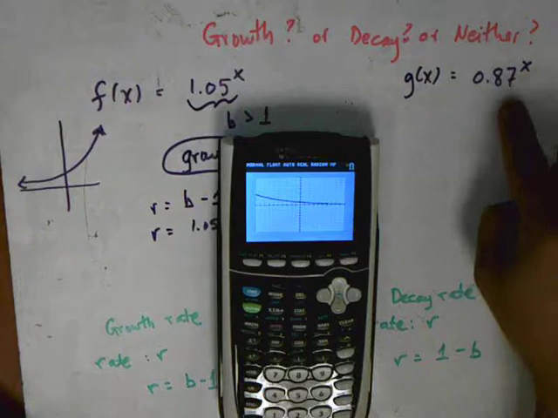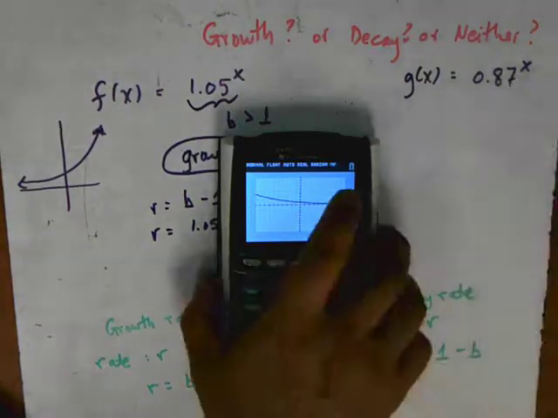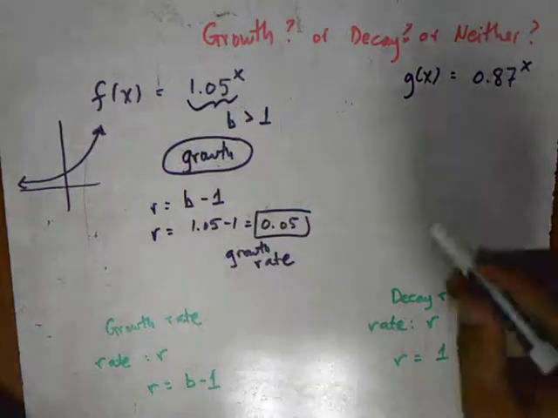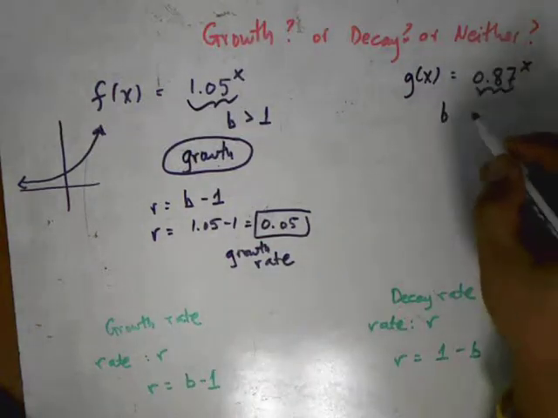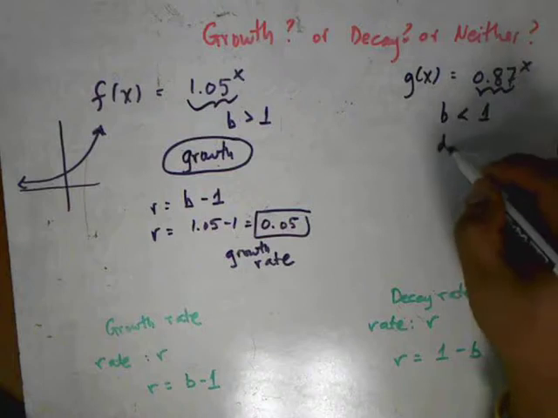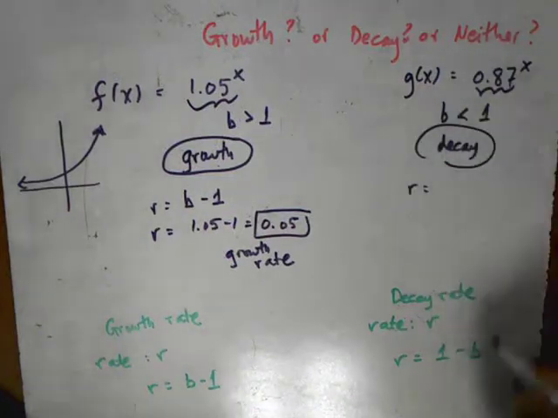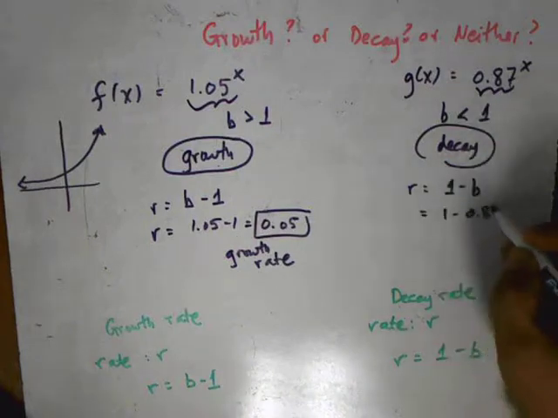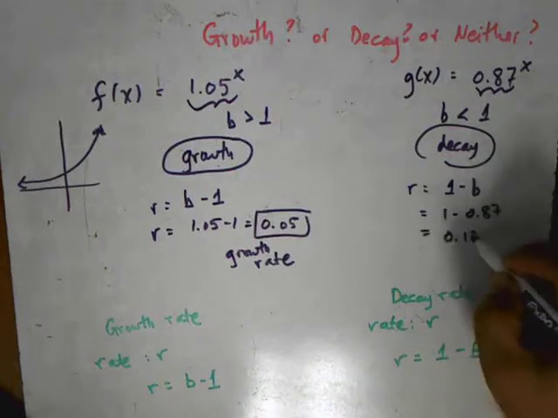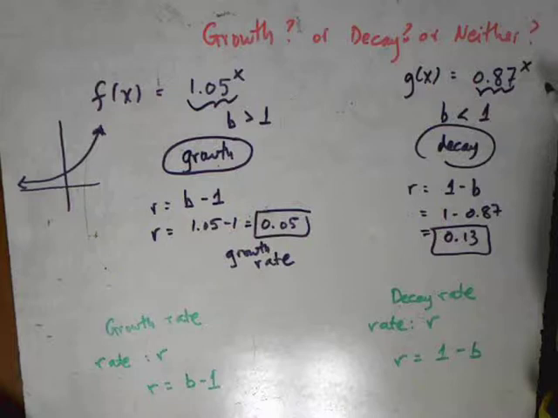The reason is you're multiplying by 0.87 every single time, and you're multiplying by a number smaller than 1, so it's going to decay. So in this particular instance, the base, this is the base right here, is less than 1, so this is a decay function. And the rate is equal to 1 minus b, which is 1 minus 0.87, which is 0.13. In other words, you're losing 13% for every time that x increases.